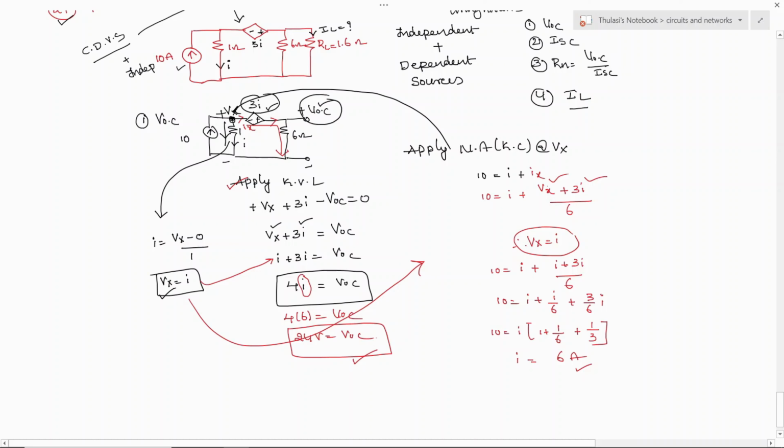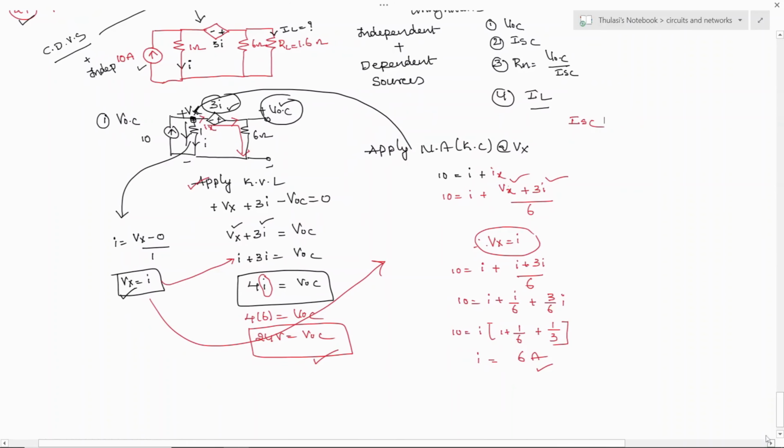And next step we need to find out the value of ISC, short circuit current. Okay, so this is also very important. So what to do here is, when you're finding ISC, first redraw the same circuit and remove the load resistance.